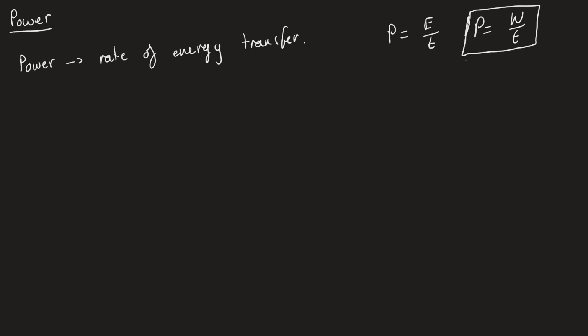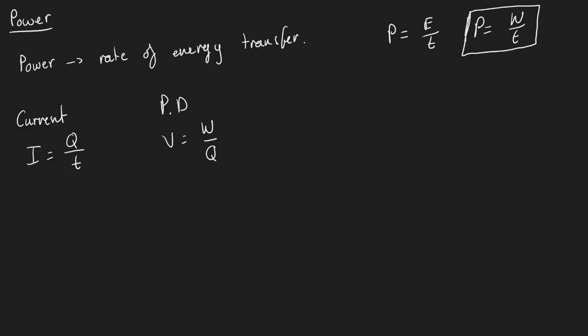So if power is the energy that we're transferring per second, how can we work that out based on what we can measure? What we know we can measure definitely using ammeters and voltmeters are current, which we've already defined as being the charge over time, and we can measure the potential difference, which we've defined as being W, or the work done per unit charge.